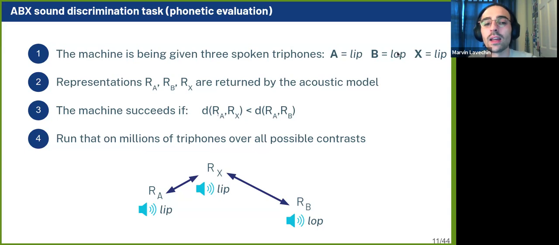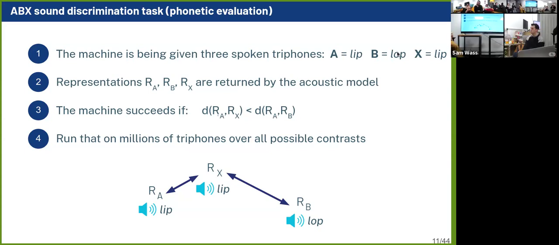For instance, we could use a Euclidean distance, but we know that this distance doesn't behave in a really good way with high dimensional representations. So we use the cosine distance, which is another kind of distance.